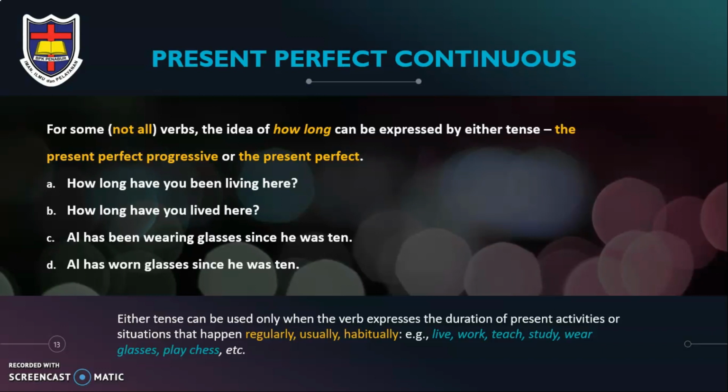Al has worn glasses since he was 10. Either tense can be used only when the verb expresses the duration of present activities or situations that happen regularly, usually, habitually, like live, work, teach, study, wear glasses, play chess, etc. So that is about how long in present perfect progressive or present perfect.